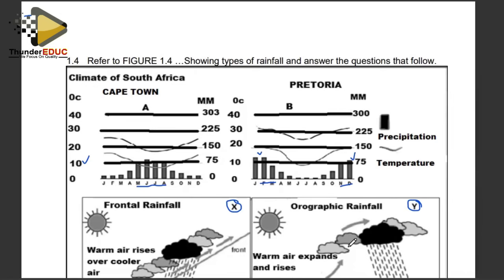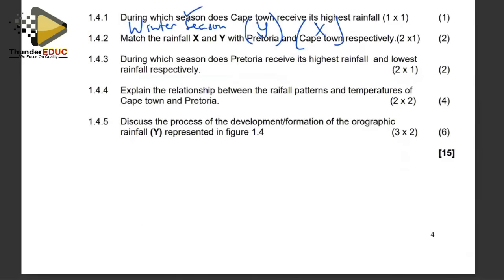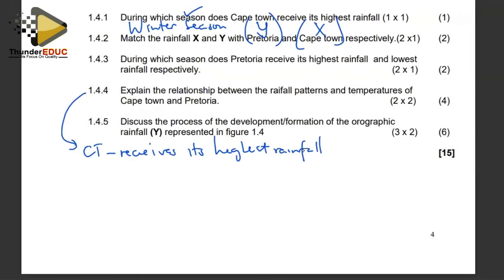So the relationship there is such that, to summarize, for Cape Town, it receives its highest rainfall during the coldest months. Ultimately, we are saying during the coldest months in winter.